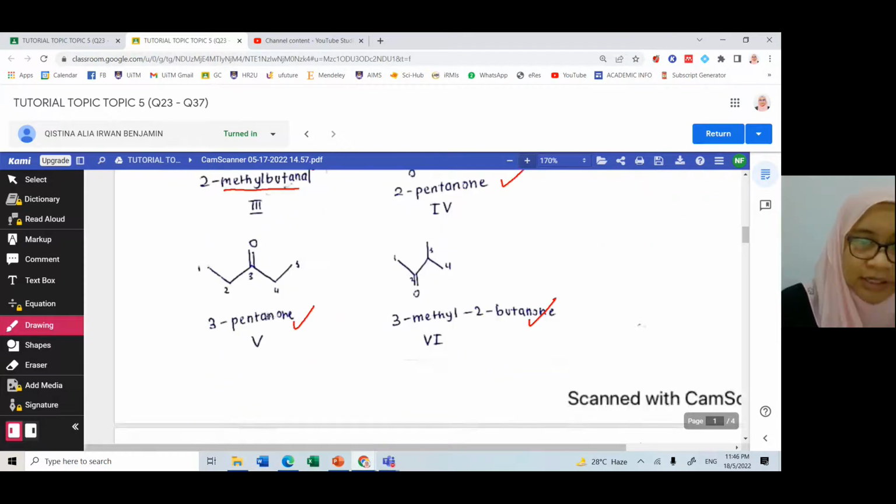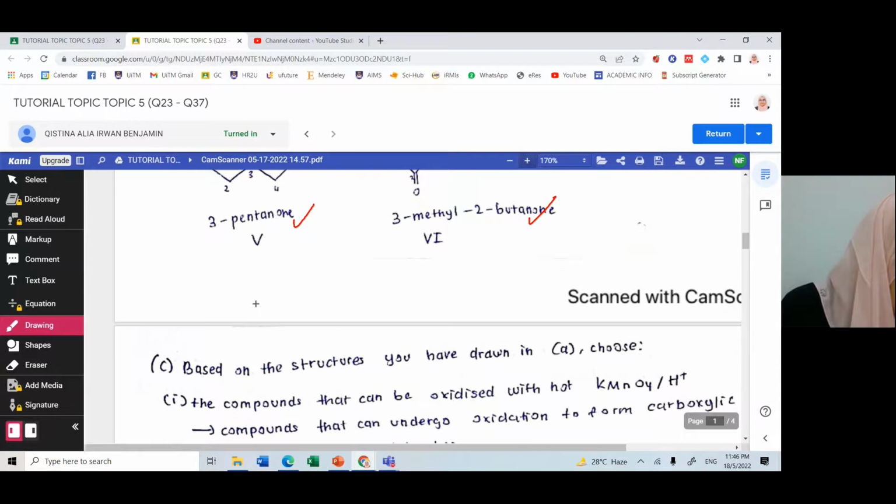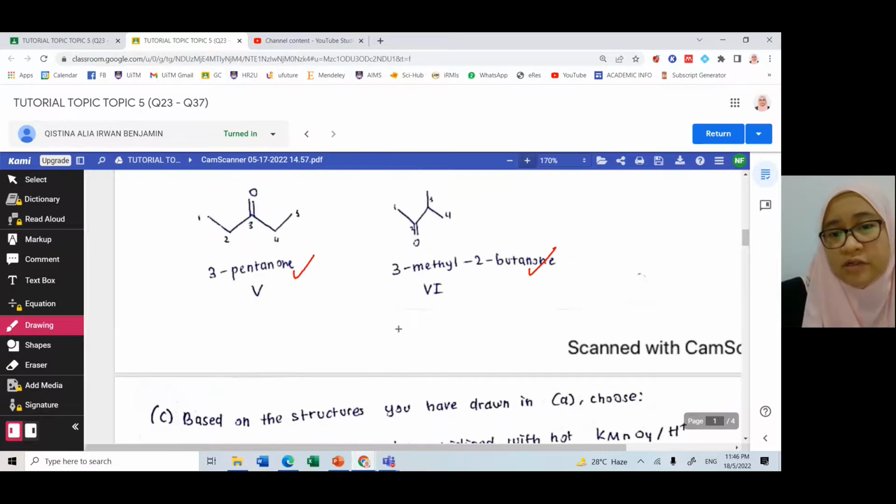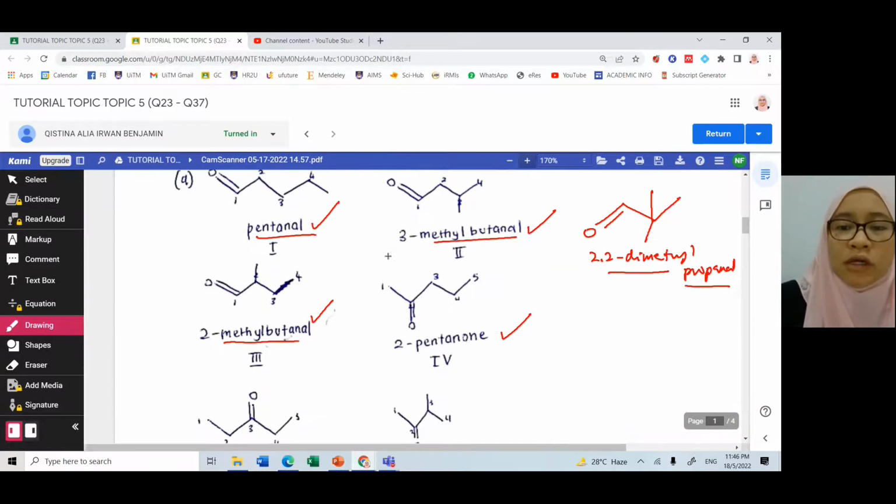All right, number three. The compound gives a yellow precipitate with iodine in alkaline solution, or the iodoform test. When we have a yellow precipitate, it represents the iodoform test. So you have to choose, from all the compounds you have drawn, the ones that give a positive result to the iodoform test.